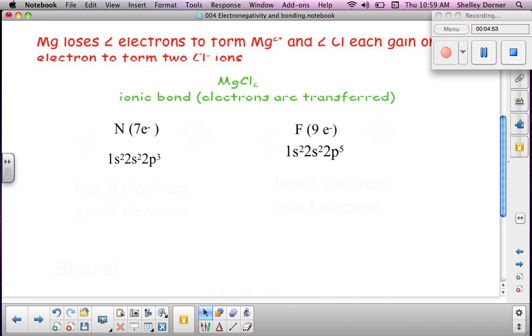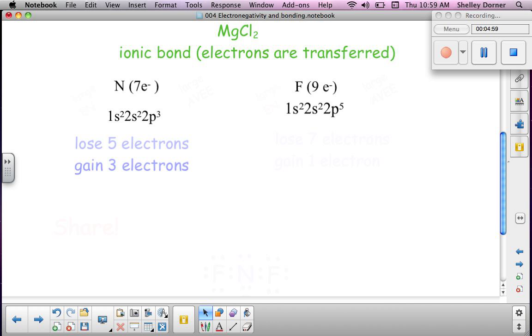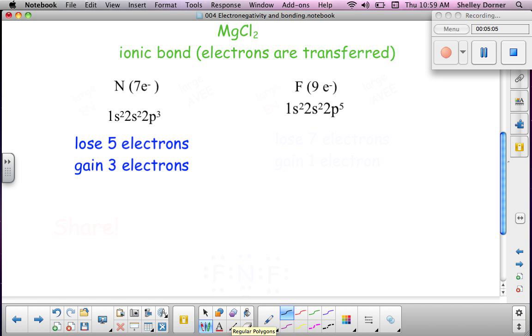Now let's consider another situation. Let's consider the situation involving nitrogen and fluorine. To become isoelectronic with a noble gas, nitrogen can either lose 5 electrons or gain 3 electrons. Again, we look at the situation and feel like gaining 3 electrons is probably the easier possibility.